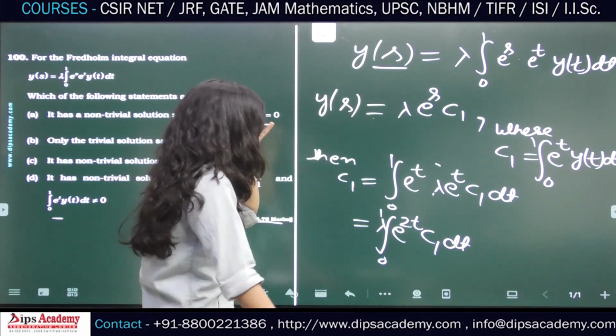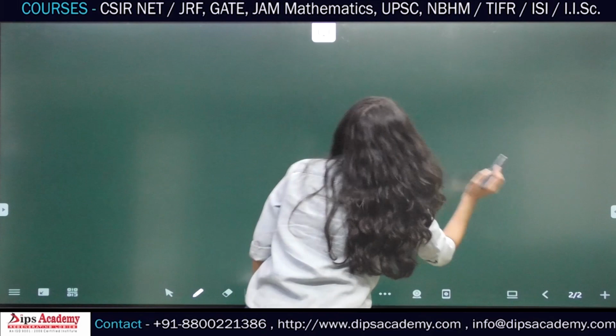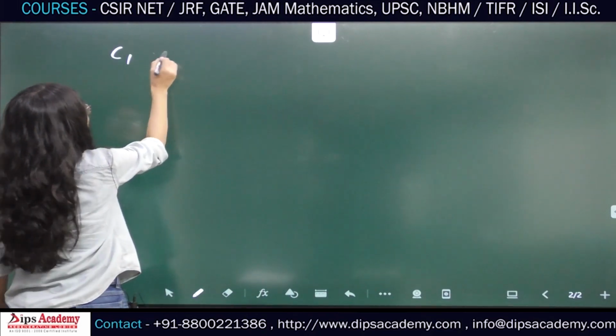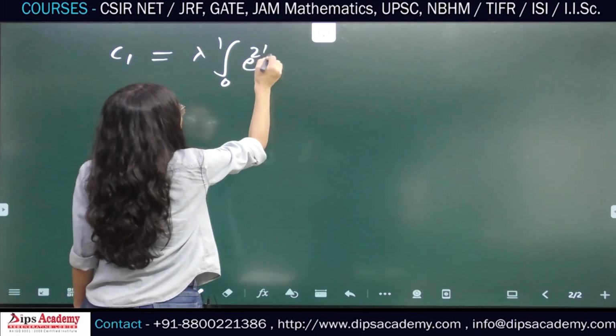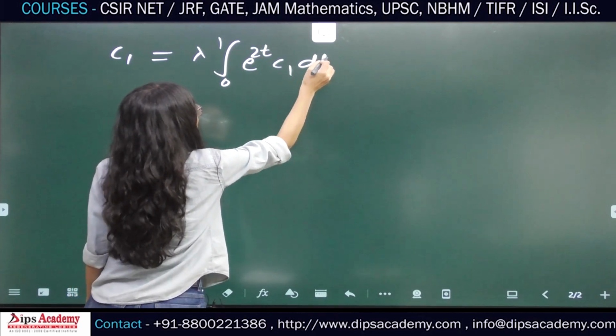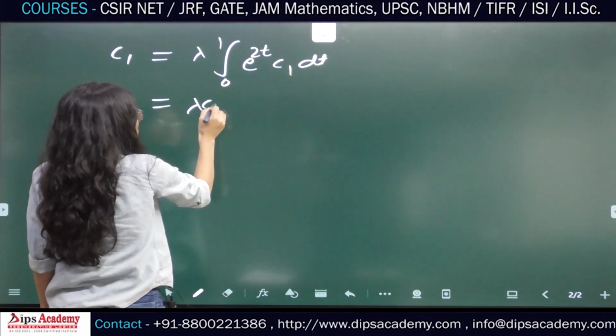So we get c1 equals lambda times the integral from 0 to 1 of e power 2t c1 dt. I'm taking c1 outside because it is constant.